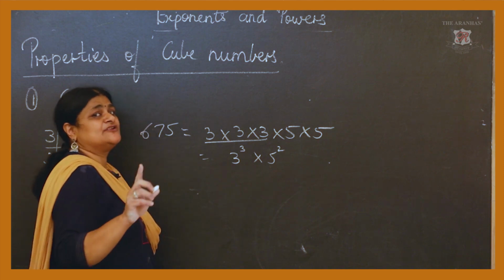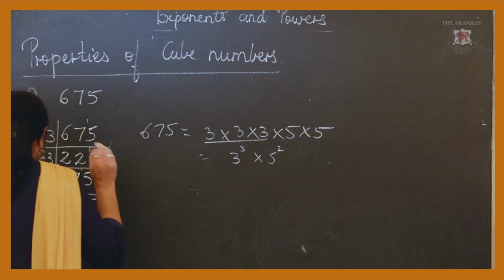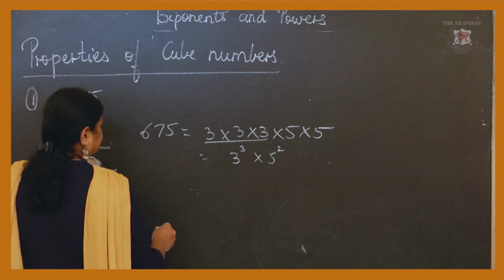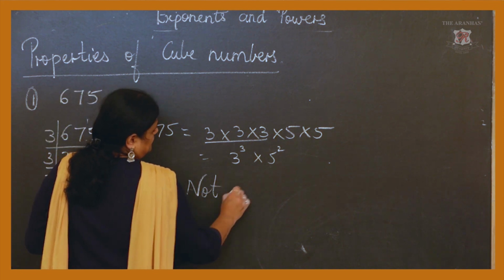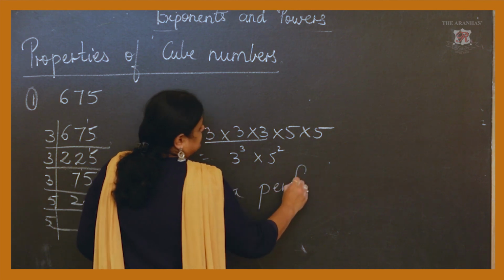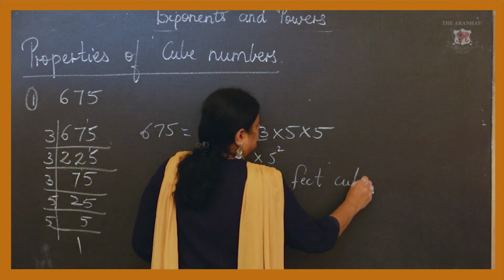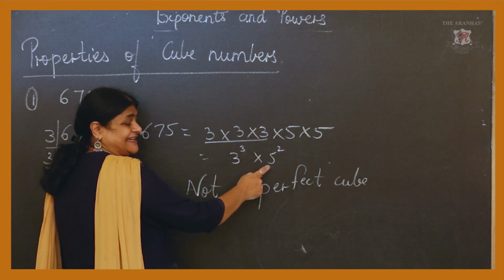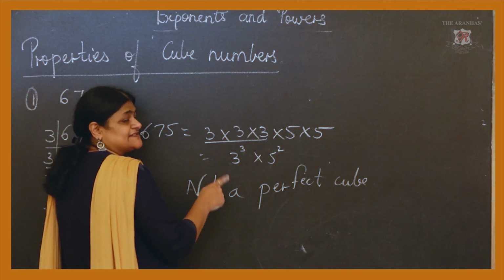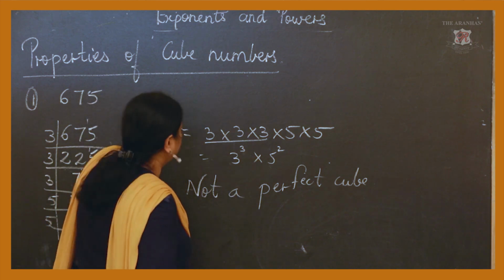That means it is not a perfect cube, because here you are getting 3 cubed, but here you are getting 5 squared. So it is not a perfect cube.